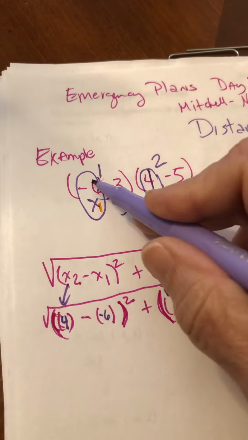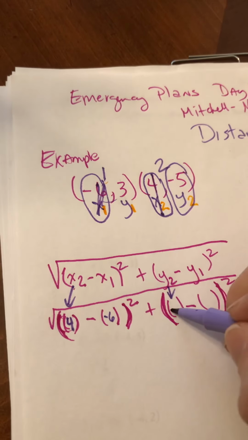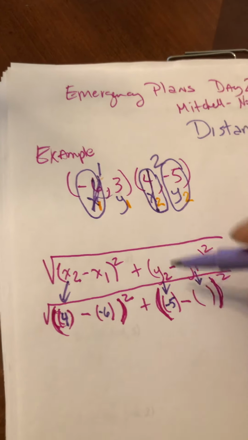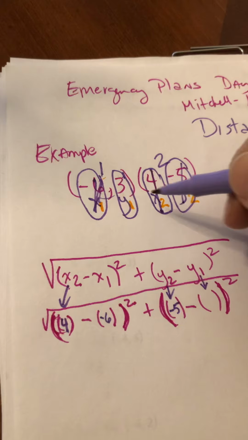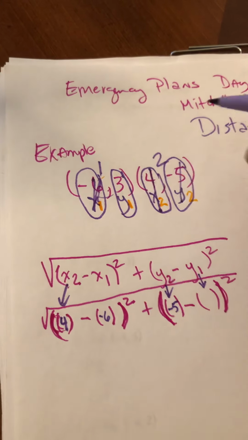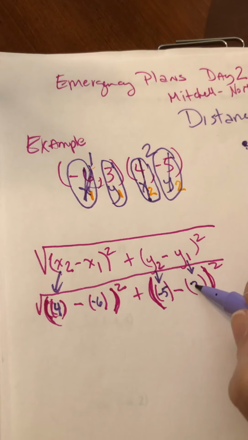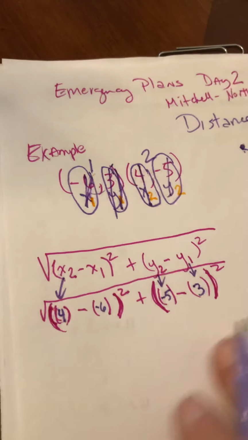Use it, lose it. Don't forget to mark it out. Y sub 2 is my -5. That's going to go right here. And then my y sub 1 is going to go right here. By the way, all that chiming in is my wonderful little computer notifying me that some people are needing help. But I'm committed to y'all at this very moment. My y sub 1 is a 3, so I'm going to mark it out. Okay, all right, so now I've got it set up.